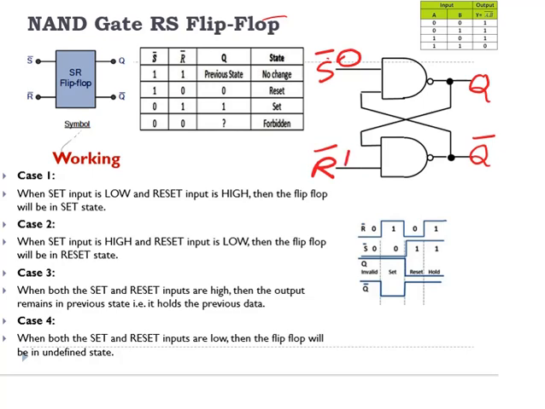This corresponds to the set condition. We know that for a NAND gate, when either one of the inputs is 0, the output will be 1. So one of the inputs is 0, so this output will be 1.